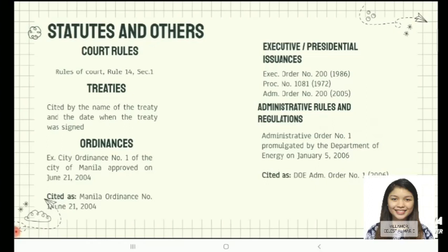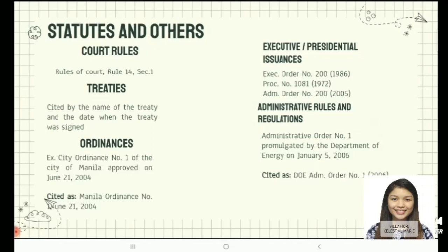For ordinances, the laws passed by the city, municipal or provincial local government are in the form of ordinances.